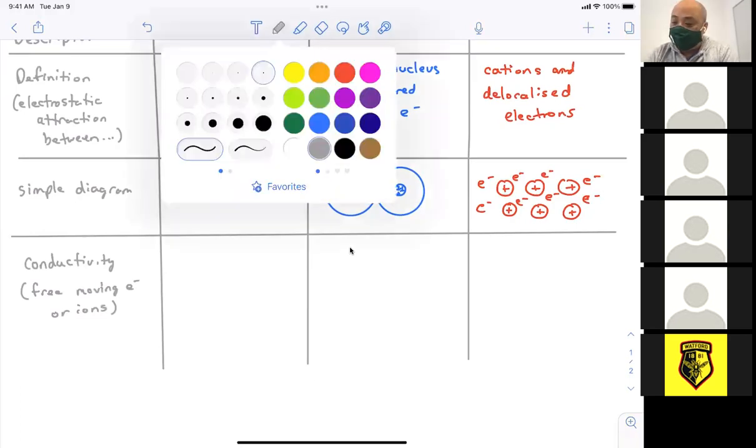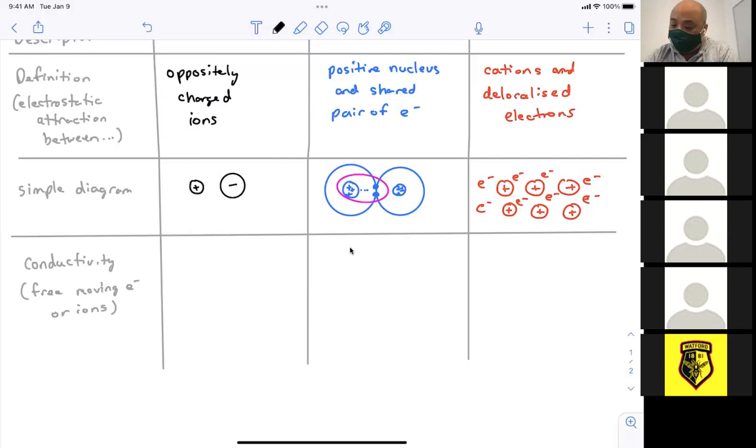For example, ionic compounds are conductive when they are aqueous or liquid or gaseous. Okay. Because when you dissolve an ionic compound in water, or you melt it, or you make it into a gas, it separates all the ions apart.